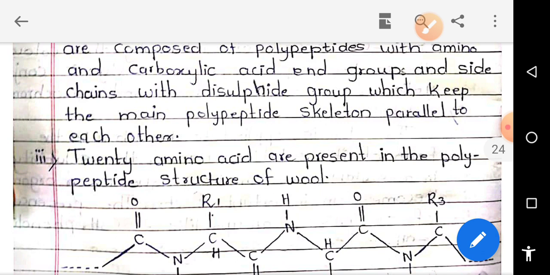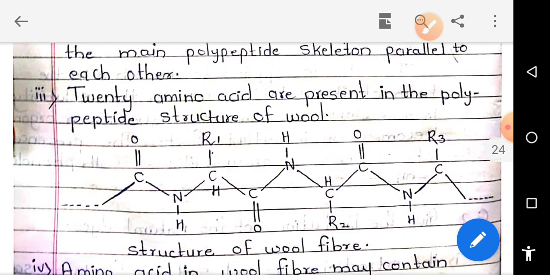Along with those attachments, a disulfide group is also attached, which keeps the main polypeptide skeleton parallel to each other.